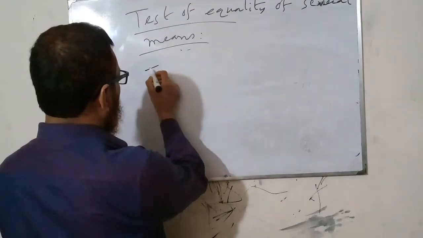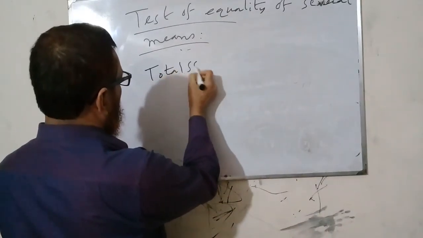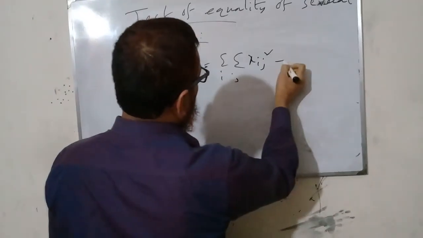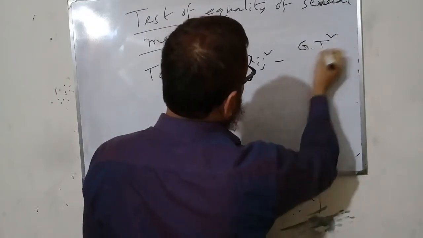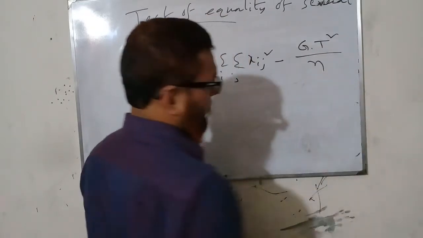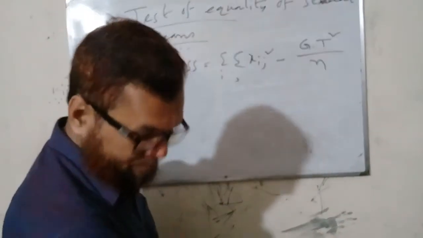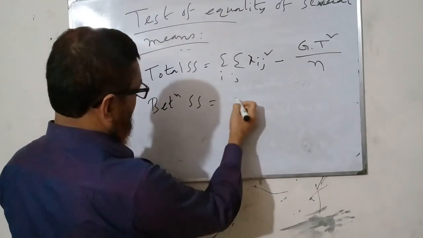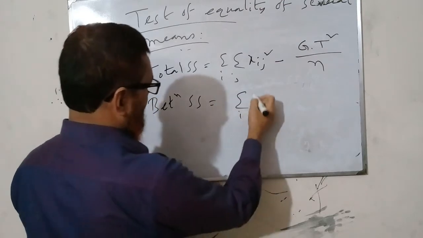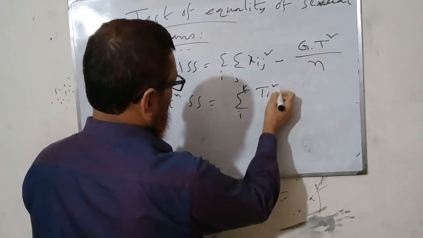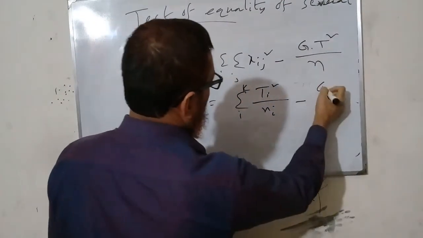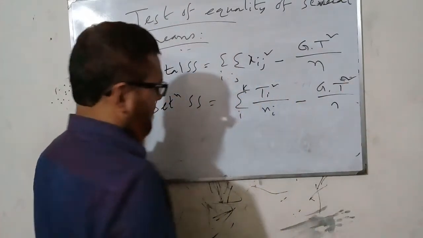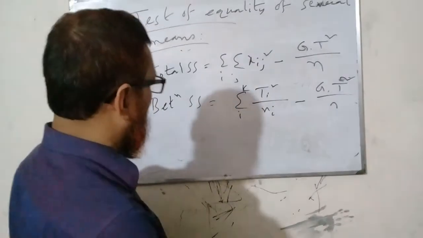Here we have to find total sum of square, that is summation x square minus G T square by n. Next, between SS equal to summation Ti square by ni minus GT square by n.